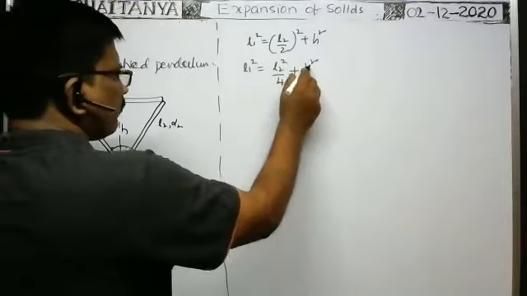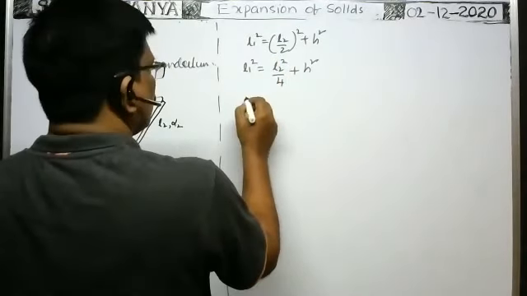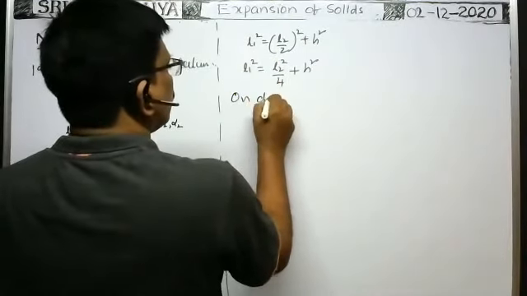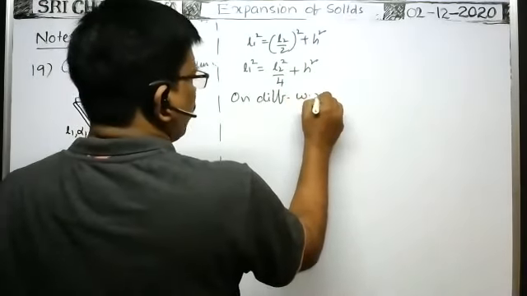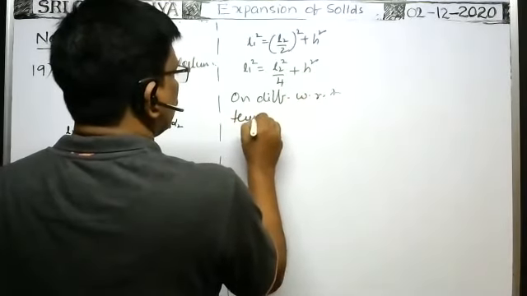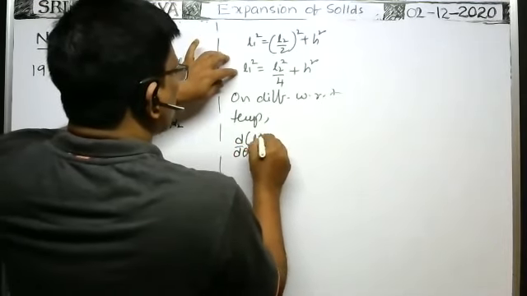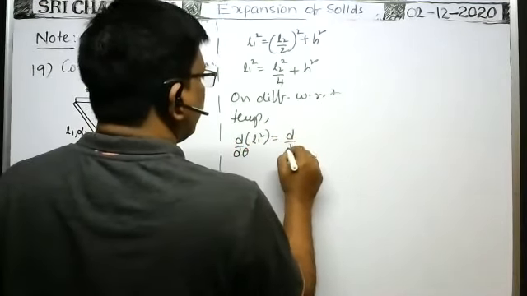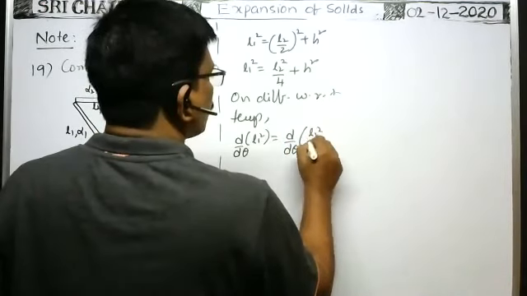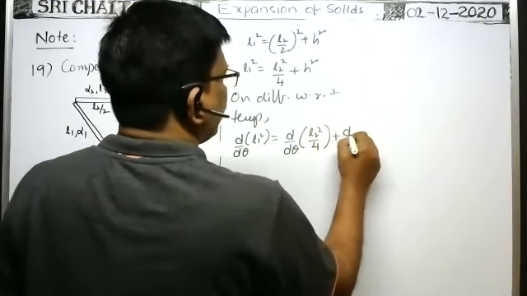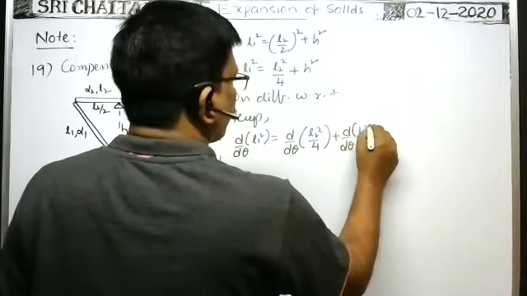That's why we differentiate this equation with respect to temperature. On differentiating with respect to temperature, d by d theta of L1 square is equal to d by d theta of L2 square by 4 plus d by d theta of H square.